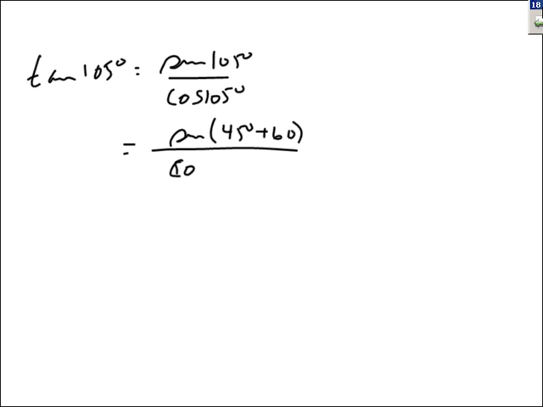And the cosine of 105, you're going to think of as the cosine of 45 plus 60 degrees. And then you use the sum rule for sine, and the sum rule for cosine. Okay, that's an alternative way of doing it. The nice thing is you don't have to remember yet another formula.